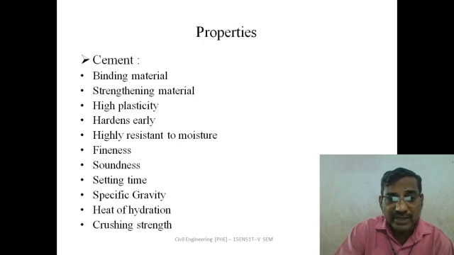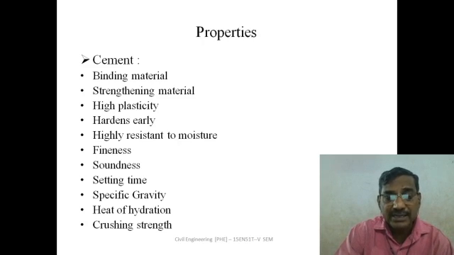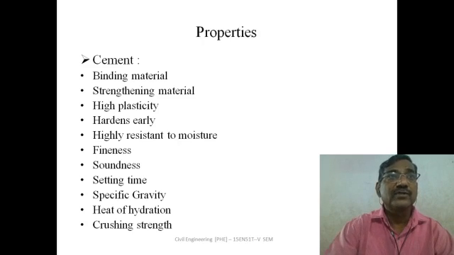Plasticity is one of the important properties of cement. You know plasticity, rigidity and elasticity. So plasticity is the main property of the cement. Setting time, specific gravity, strength, these are some properties of the cement.